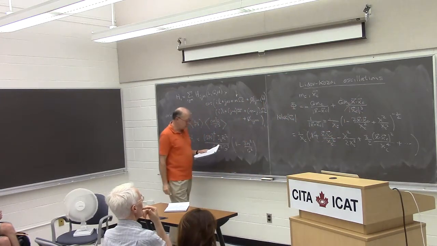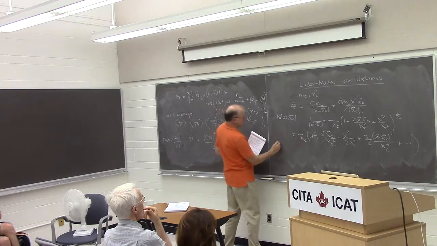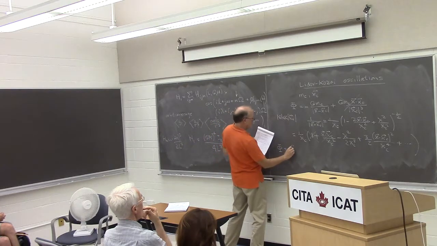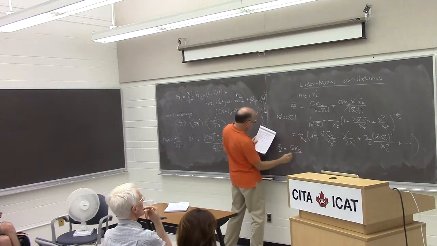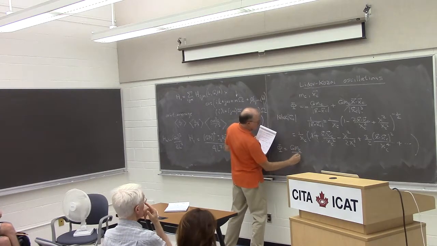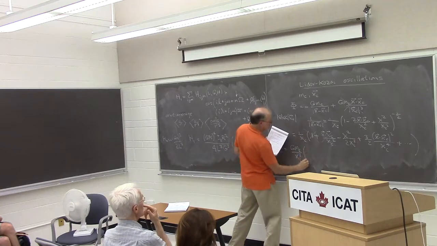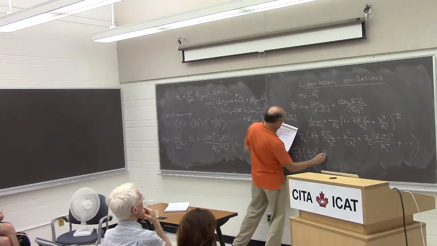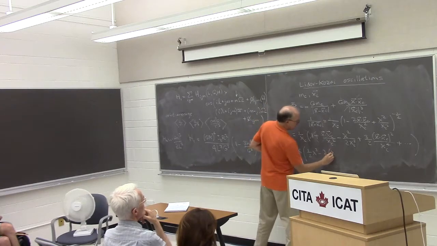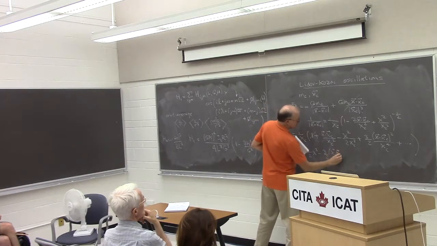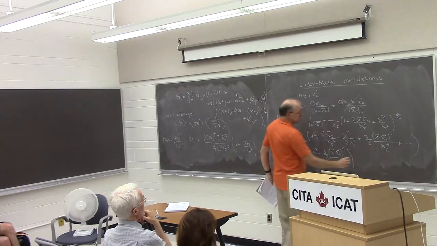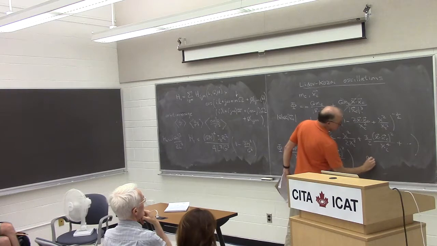And what I'm left with is a perturbing potential that's G times the mass of the companion, over the distance to the companion, times a half x squared minus 3 halves x dotted with x_c squared over x_c squared. And this, of course, is called the quadrupole potential.